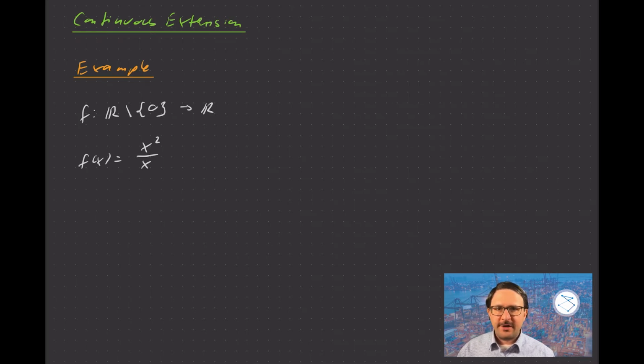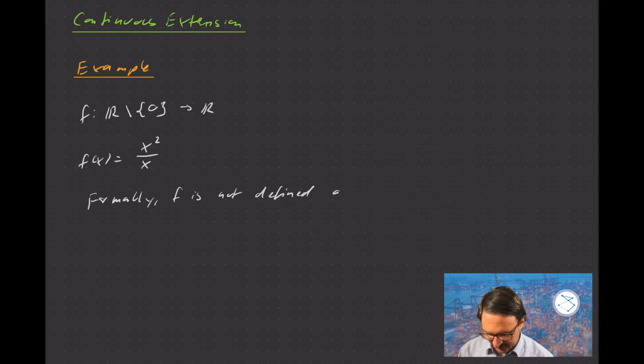And of course, formally, the denominator may not be 0. That's why we have this gap here at 0. So formally, f is not defined at x equals 0.